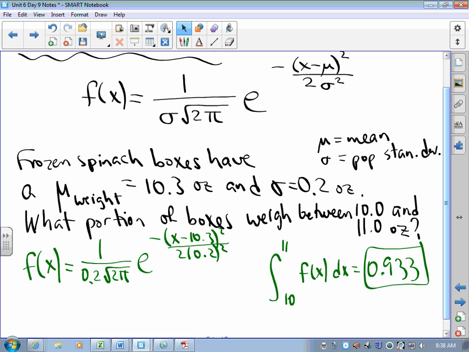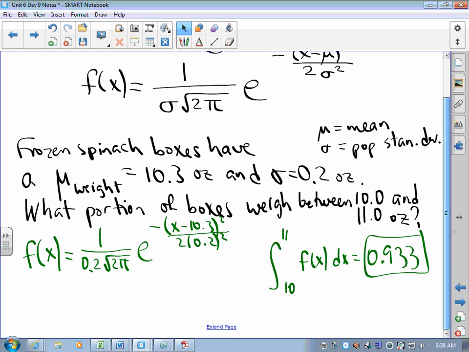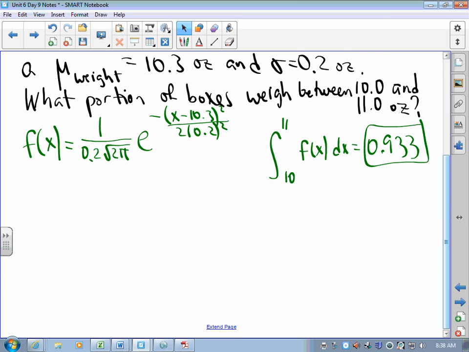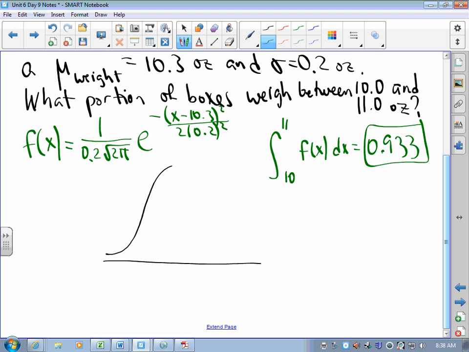No. You do have to recognize that if we were to graph the normal curve, let's do that. Here's your 10.3. Here's 10. Here's 11.